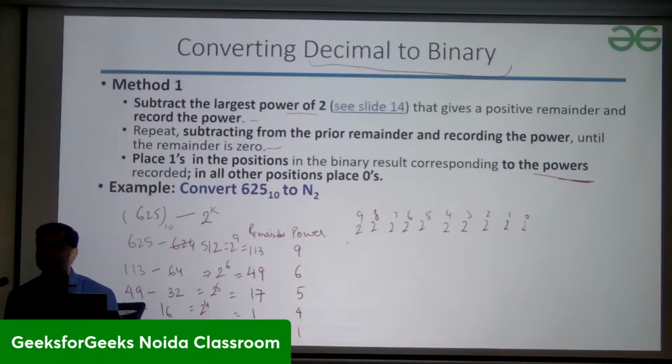Okay, just write the 2 to the power term. Okay, and whatever power term you have observed over here, just place 1 corresponding to all these observed powers. So this is going to be 1, 6 is going to be 1, 5 is 1, 4 is 1 and 2 to the power 0 is 1. All other terms are 0. This is nothing but the conversion in base 2.